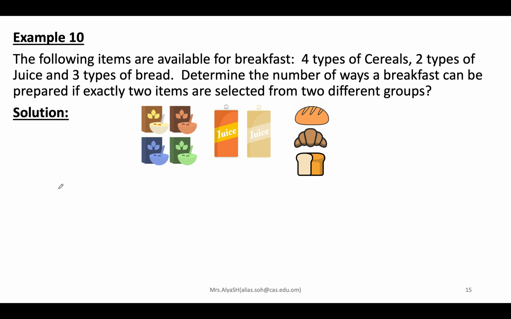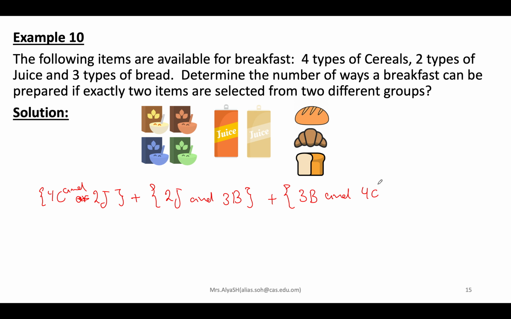So either I choose one from the 4 cereals and one from the 2 juices, or one from the 2 juices and one from the 3 breads, or one from the 3 breads and one from the 4 cereals.